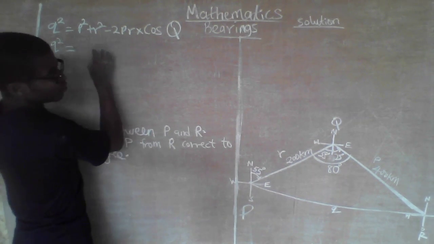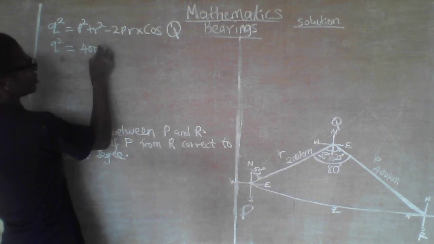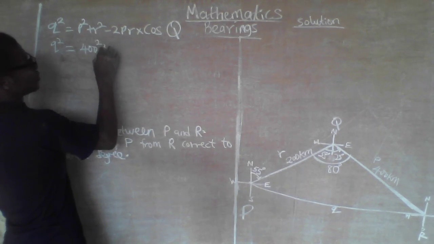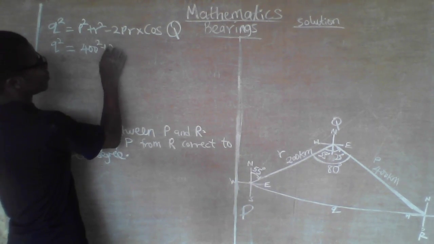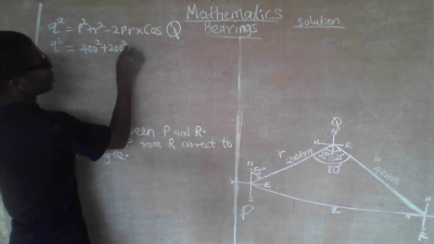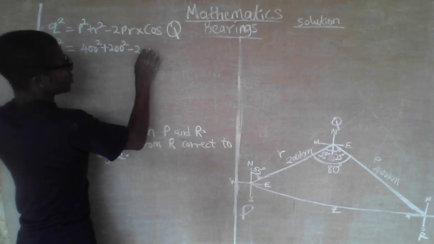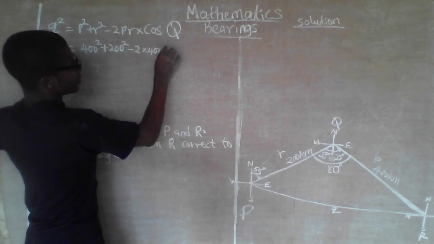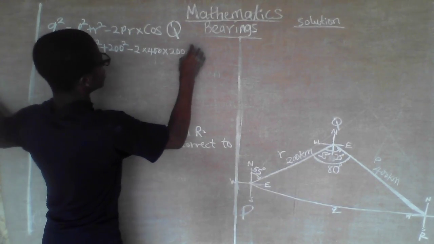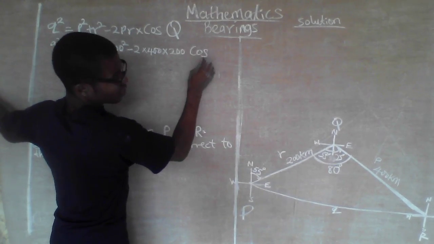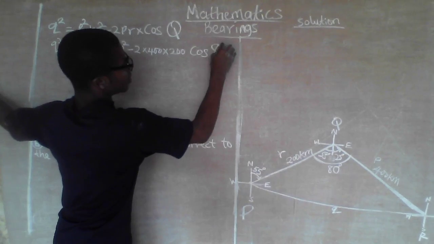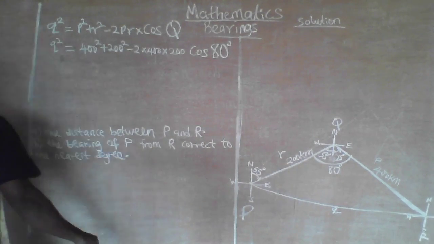Substituting values, q squared is equal to, what's the value of p? 400 squared plus 200 squared minus 2 times 400 times 200 times cos 80 degrees.